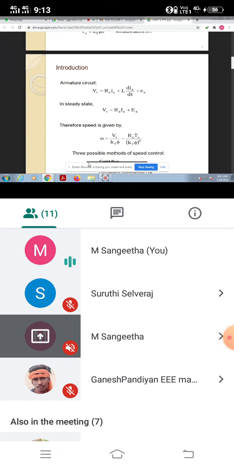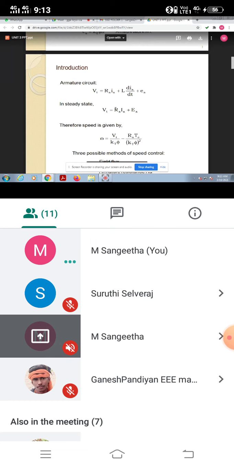Now we derive the angular speed equation depending on this equation.